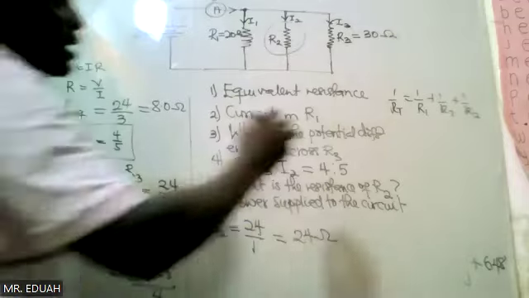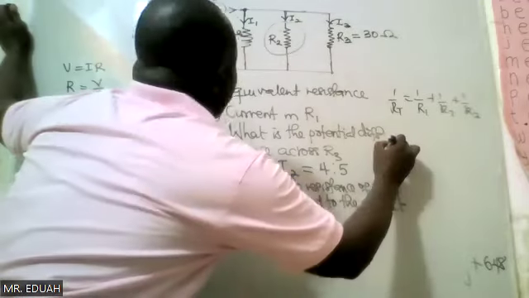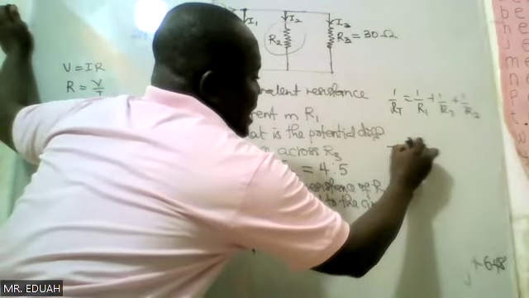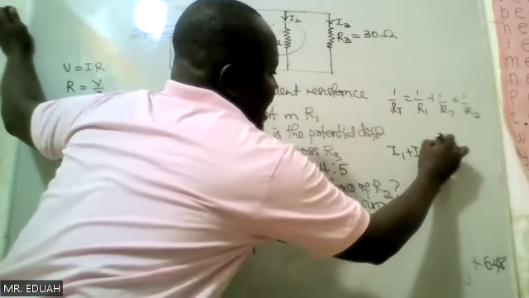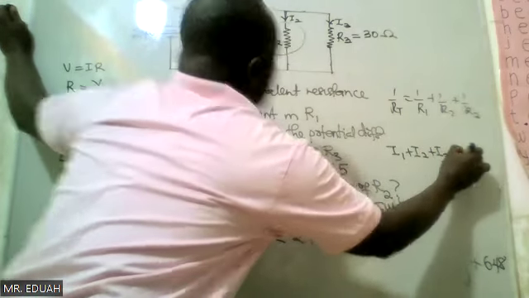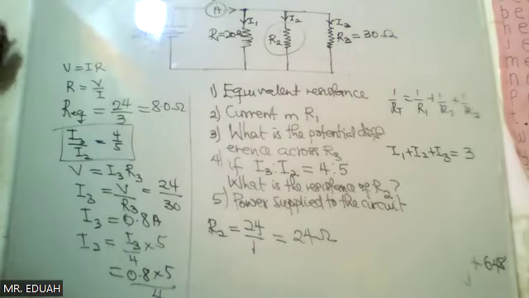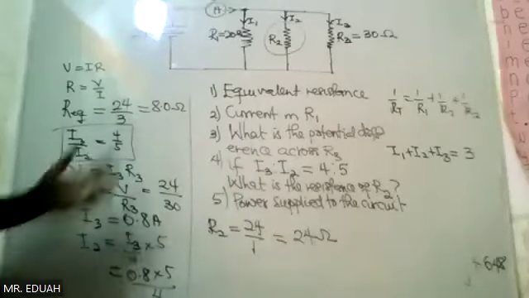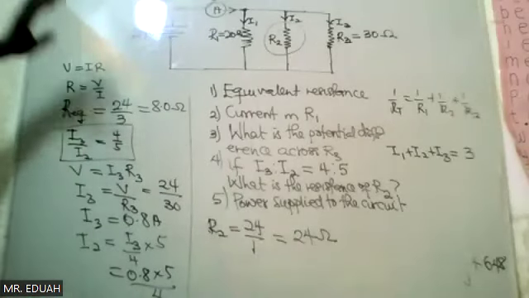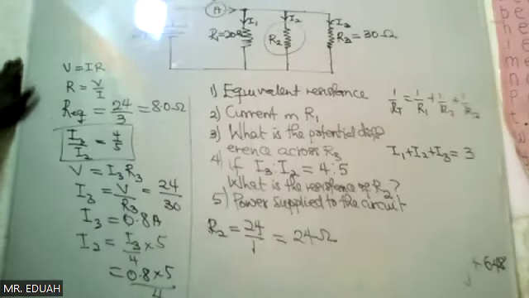But I1 plus I2 plus I3 must be equal to the source current, which is 3. Rachel, are you okay? Yes. So we are learning, and next time you will know how to apply that.